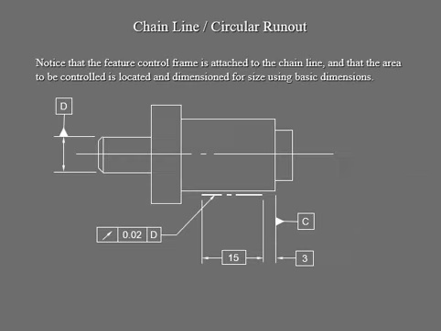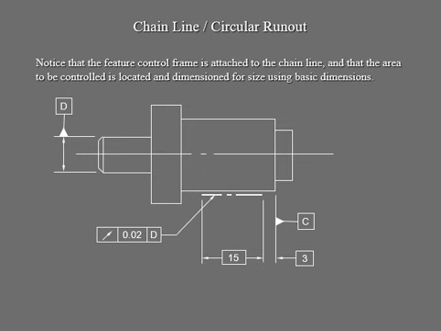Okay, now let's go into Runout applied to a portion of that surface. So we'll go into the next example here. We have a chain line, which is this thick one right there, and it has its own tolerance, 0.02. This is in the feature control frame, so we have 0.02, then datum feature D, and this one is, of course, C. We have our basic dimensions 15 and 3 right there.